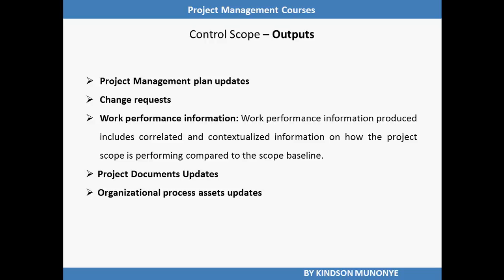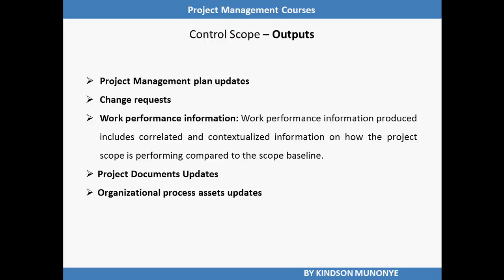This information produced includes correlated and contextualized information on how the project scope is performing compared to the scope baseline. Another output is project documents updates. Remember, project documents updates may include requirements documentation updates or updates to the requirement traceability matrix.